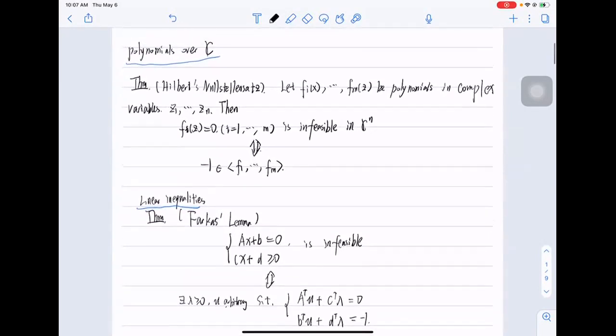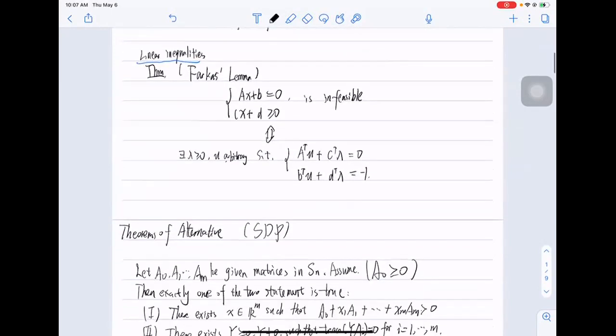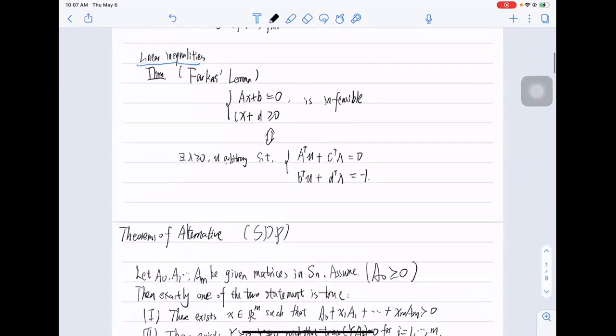So all these theorems are similar. Basically, one of the problems is feasible if and only if the other problem is infeasible.